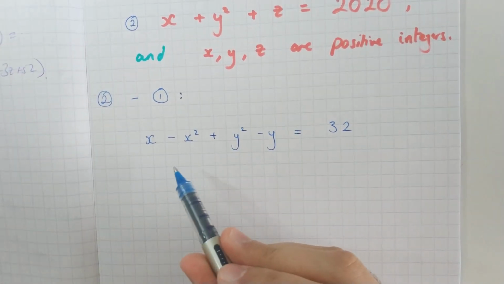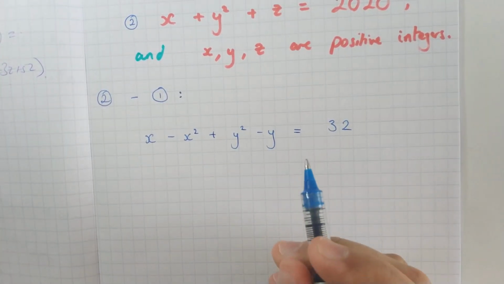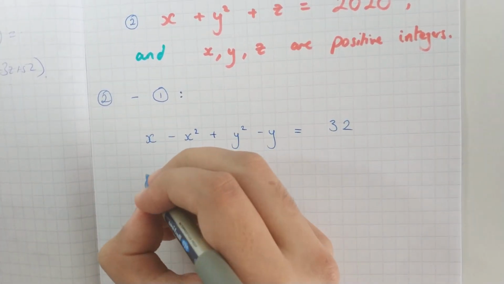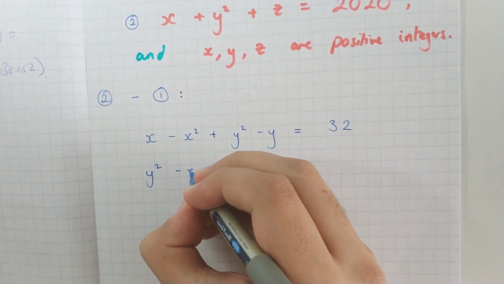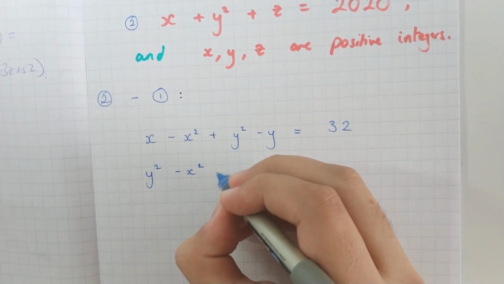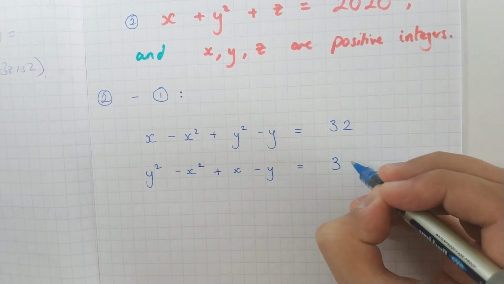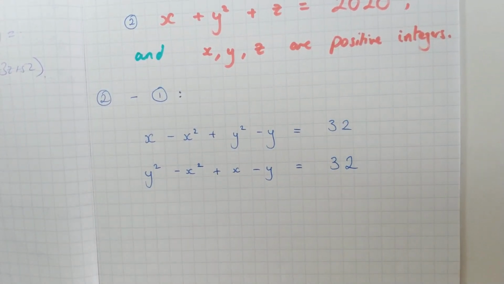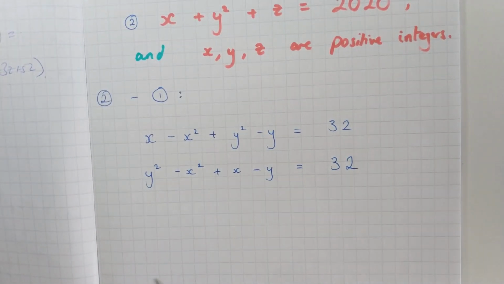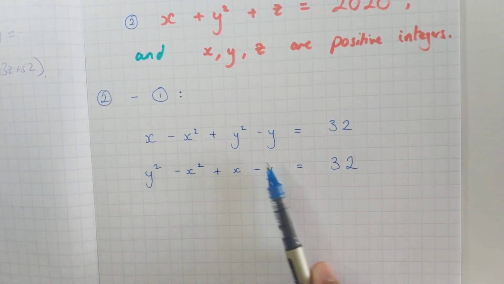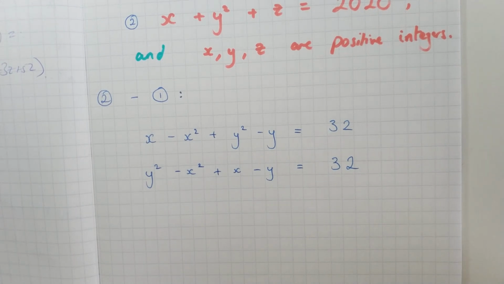Right, the next thing I'm going to do is write it in a slightly different way. I'm going to write it like this. And the reason I'm doing that is because now I can see a difference of two squares there. And also if I do something slightly clever here, I can factorize.